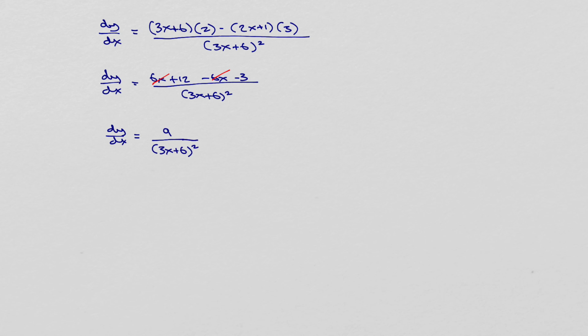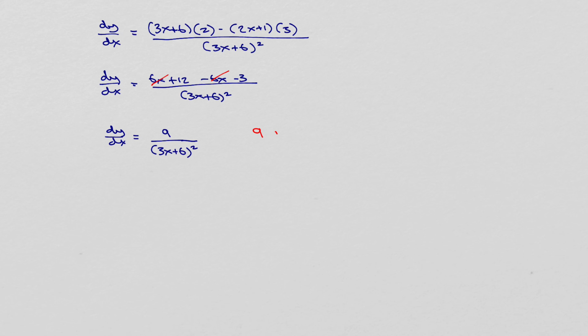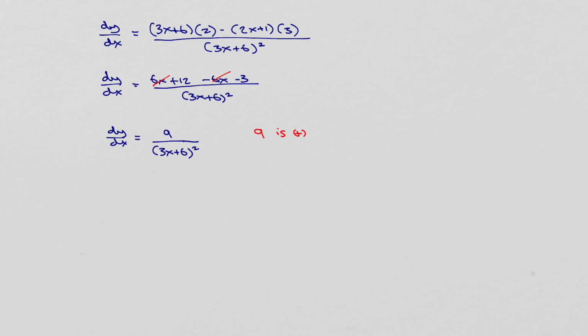So we have to look at this and go, well, is that positive or is it negative? And we can clearly see it has to be positive, because 9 is a positive number. And if I look at the denominator, we have 3x plus 6 squared, which is a real number squared. And any real number squared is positive. And if I have a positive number divided by a positive number, then that whole thing is going to be positive.